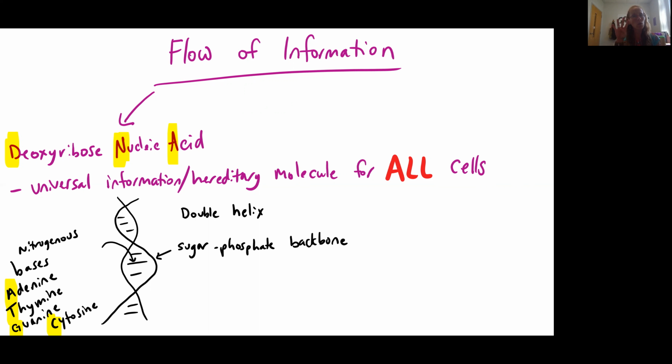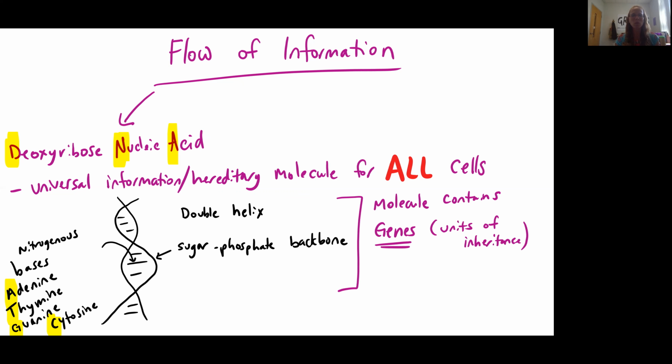Now there are 4 possible bases in DNA molecule. You will see adenine, thymine, guanine, and cytosine, and we use the first letter of each of these bases for abbreviation. So I'll talk about these as A, T, C, and G, or G for guanine, C for cytosine, so I switched those up.